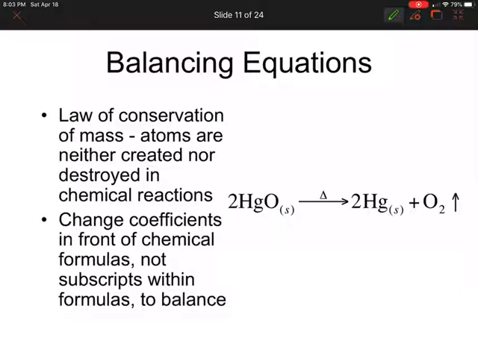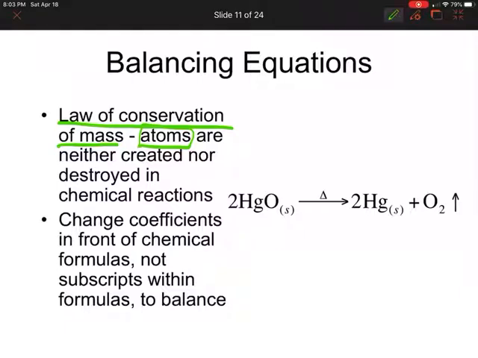It gives you this other definition that I think is a pretty important one, the law of conservation of mass. This is where atoms are neither created nor destroyed. So whatever atoms were here are still here. However many hydrogen atoms there were, there still are.